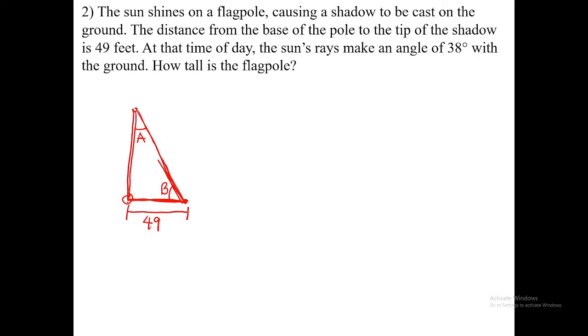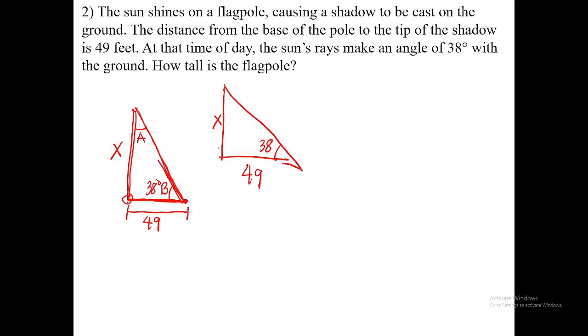Look, I will not put 38 here at A. I'll be putting 38 over here because it's stated with the ground. Let's draw again to make it clearer: this is 38, this is 49, and we are looking for the height of the flagpole, X, over here.